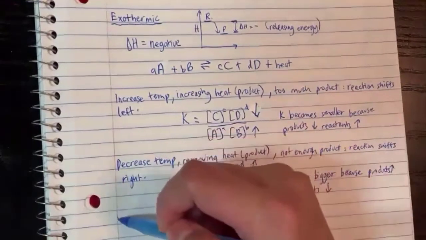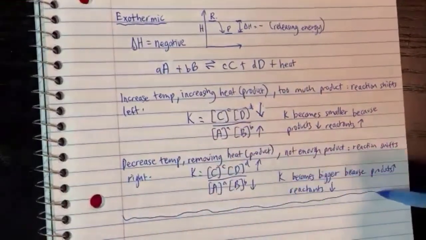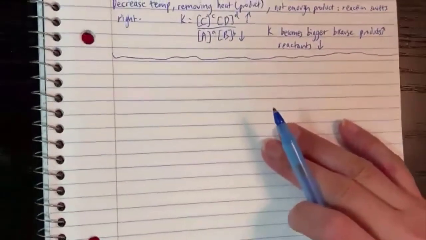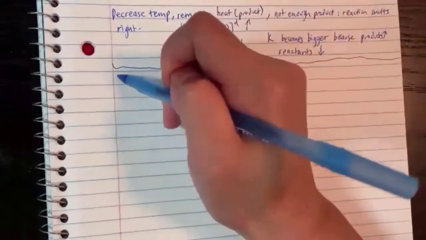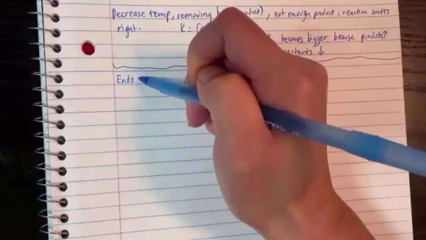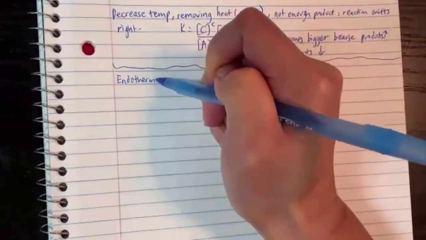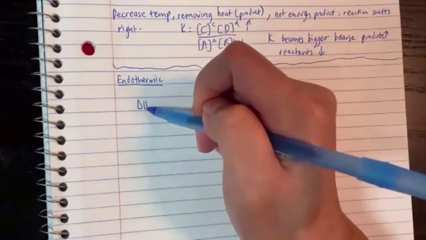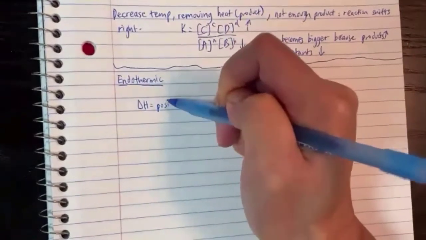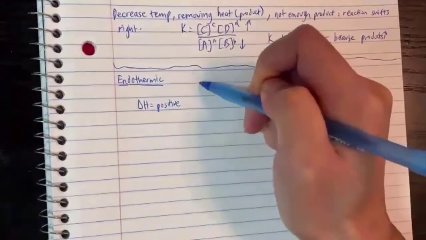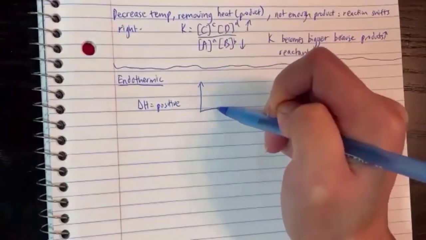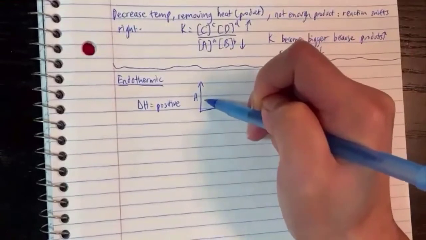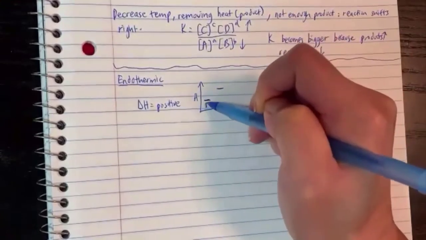Now let's take a look at the endothermic reactions this time. Endothermic will be the opposite picture here. So endothermic is the opposite, where delta H is a positive change, where your reactant is lower energy than your product. So your reactant was down here, and the product will be up here.